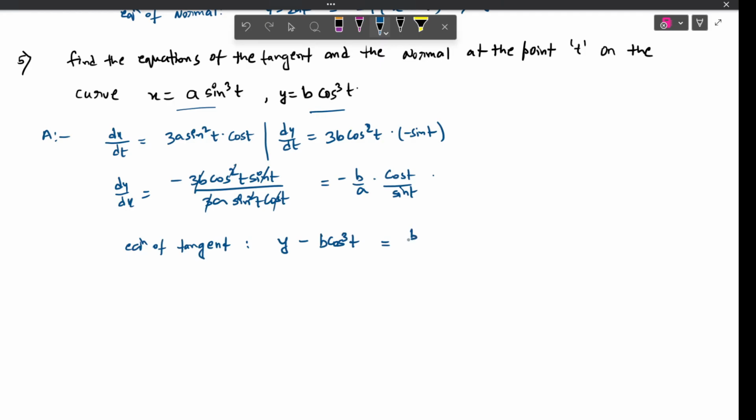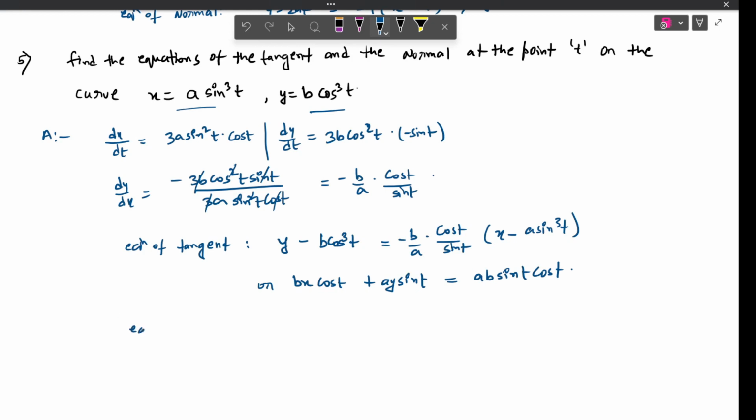This is minus b by a into cos t by sin t into x minus x1, that is x minus a sin cube t. Okay, so if you simplify, you will get this answer as bx cos t plus ay sin t equals ab sin t cos t.